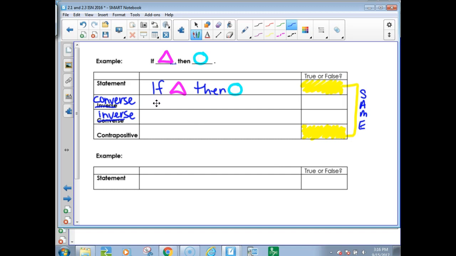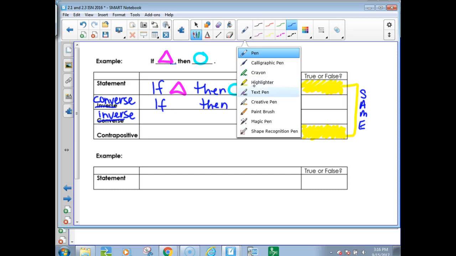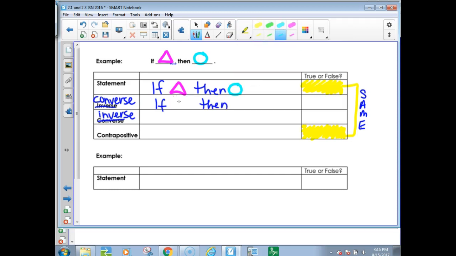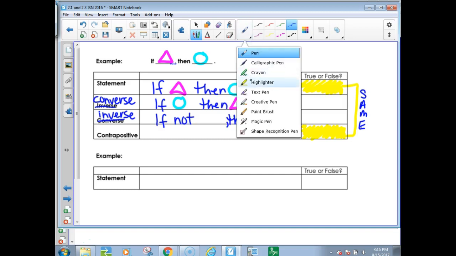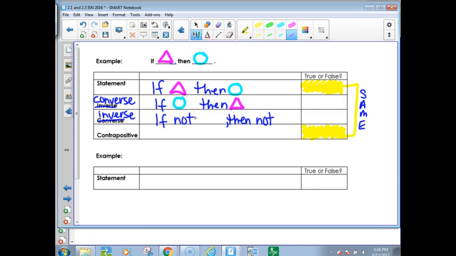Okay, so the converse is if circle, then triangle. So you're switching the hypothesis and the conclusion. The inverse negates the hypothesis and the conclusion. So it just says if not pink triangle, then not a circle. So I'm just doing it in symbol notation.